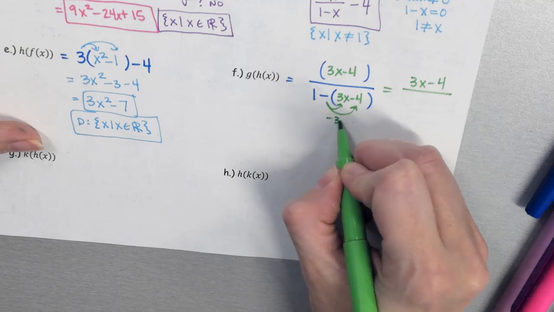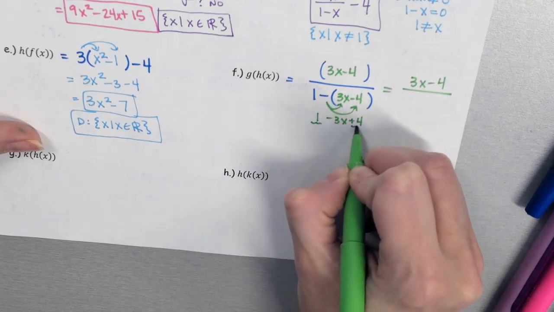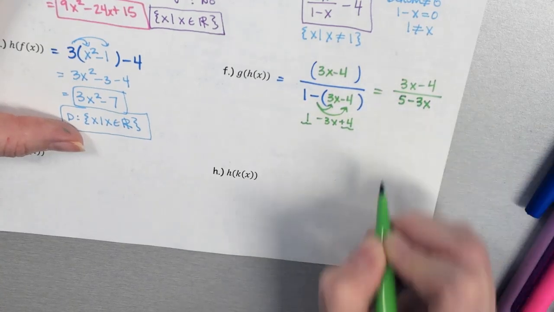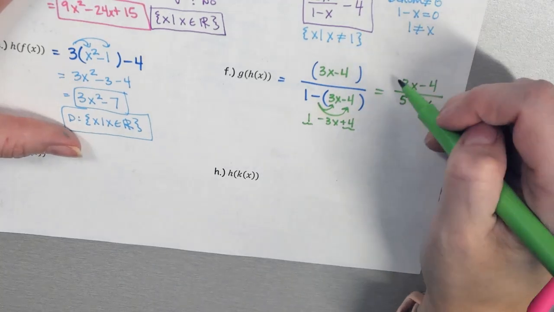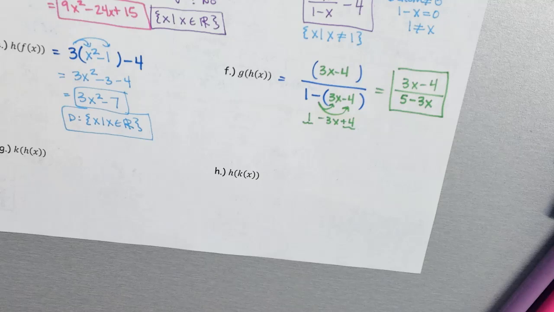Here you have negative 3x minus negative 4, which is plus 4. So when you do 1 plus 4, you can either write this as 5 minus 3x, which I'm telling you sometimes they just do that so it doesn't start with a negative, or you can put negative 3x plus 5, and either one of those is fine.